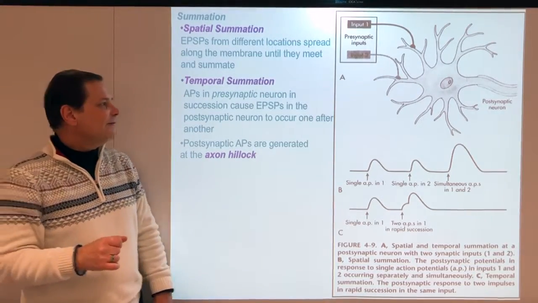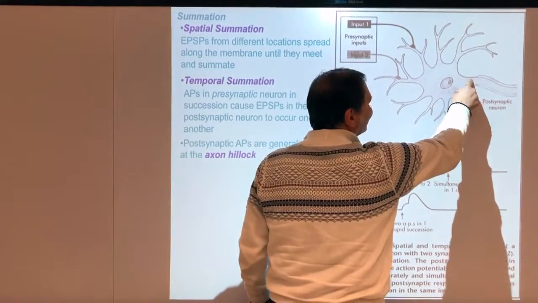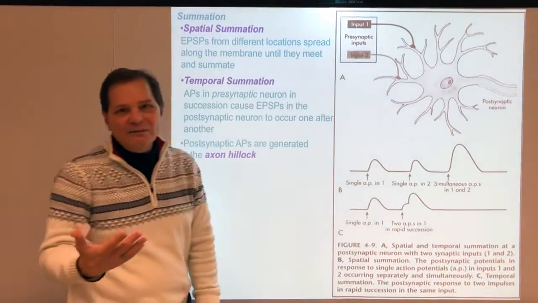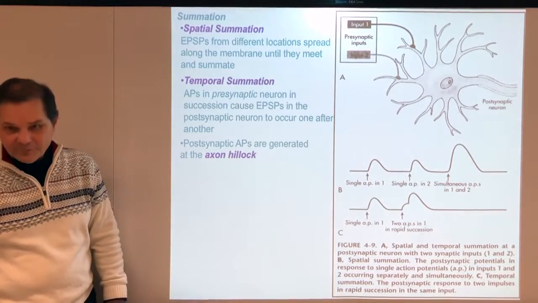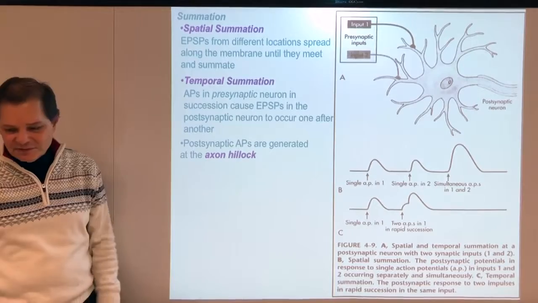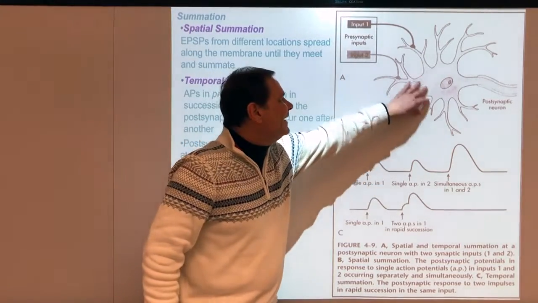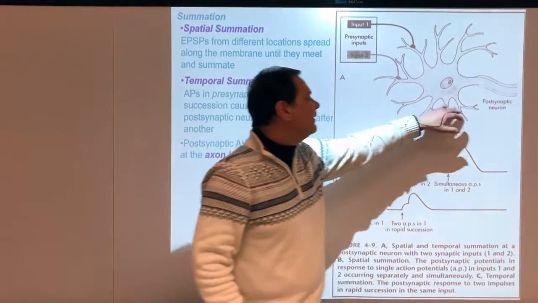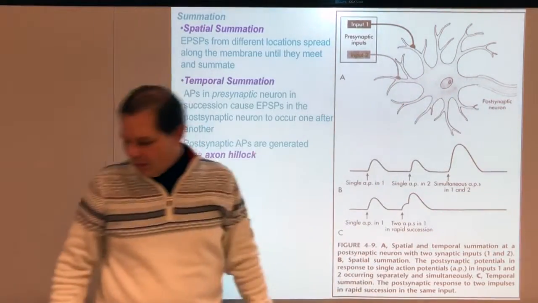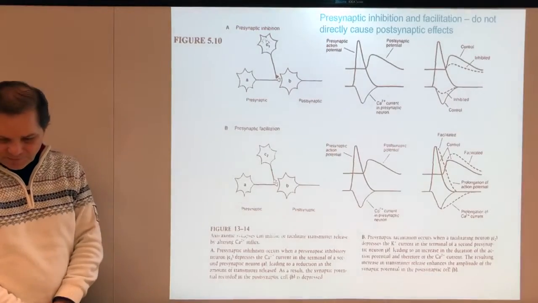And if the EPSPs that have now summated make it there and depolarize the membrane enough, you'll fire an action potential, okay? Because that's where the sodium channels are, that's where the action potential actually initiates. There are usually not that many in this cell body. You need to get it here before you actually propagate an action potential down this axon, okay?